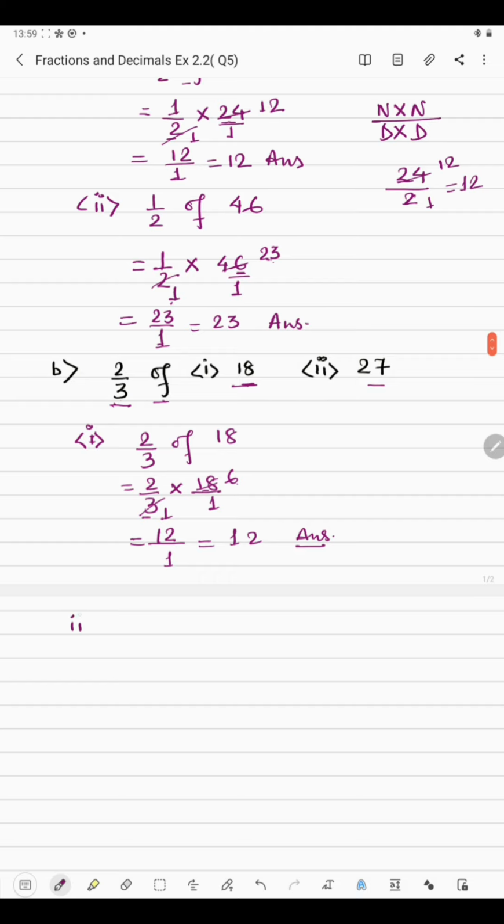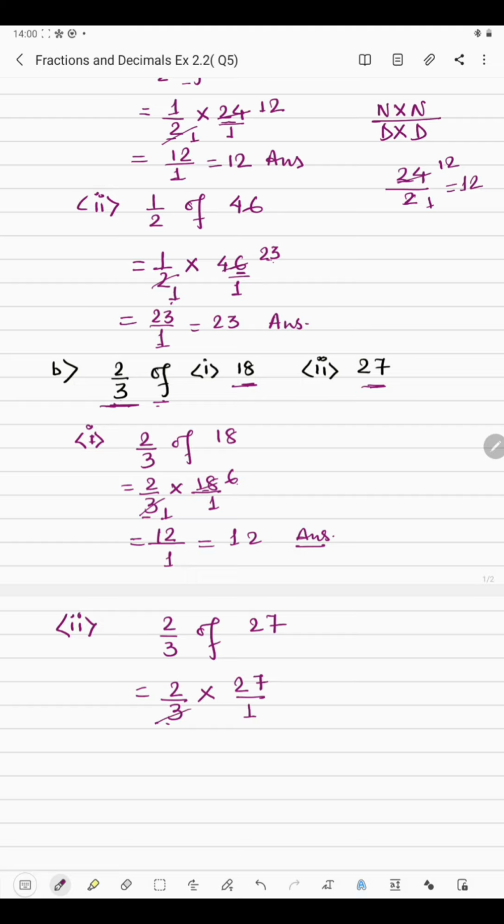Now the second part of number B, we have 2 by 3 of, the second one we have 27. Okay, so 2 by 3 of is multiplication, so here we will have 27. Now here in the denominator we don't have any digit, so we will consider it as 1. Now this 3 and 27 both come in 3's table, so we can cancel it.